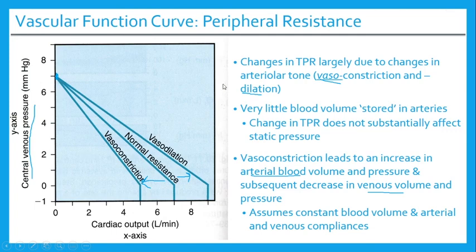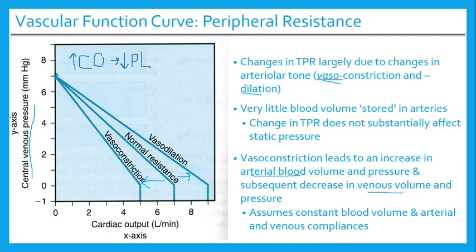But ultimately, that would affect cardiac output in the future, because what you're going to start to see, right? If we increase cardiac output, that leads to a reduction in preload.